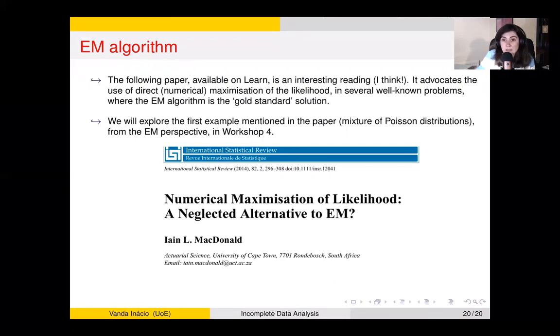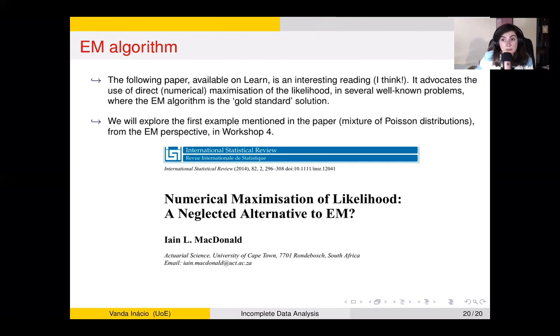Basically the paper advocates the use of direct maximization of the likelihood through numerical procedures in several well-known problems where the EM algorithm is the gold standard solution. I think some of the examples are really interesting. For instance, for the Old Faithful data set, I've tried maximizing the log likelihood directly without recurring to the EM algorithm, and it was very unstable.